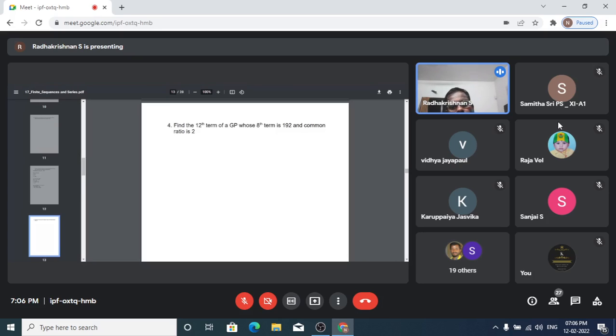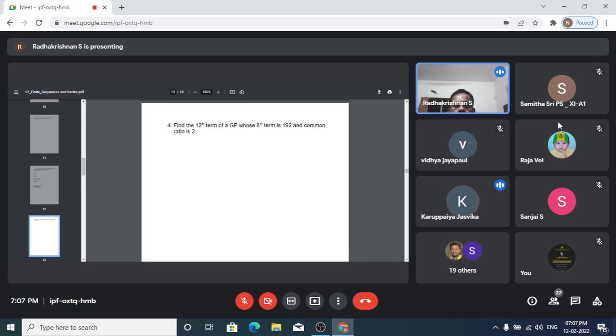So we know the formula for Tn of a GP, yeah. So what is T8? Now we can write the formula for T8 equal to A into, what is the formula for Tn? For Tn, சொல்லுங்க. Tn is equal to A into R power n minus 1. Very good. Then T8 will be A into R power 7.